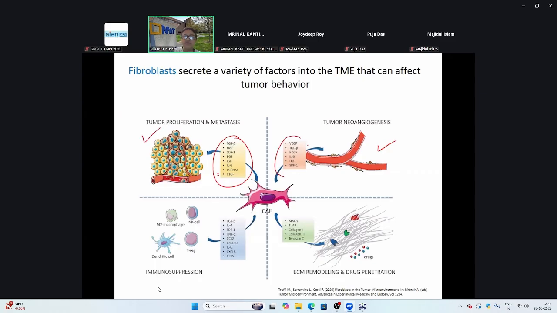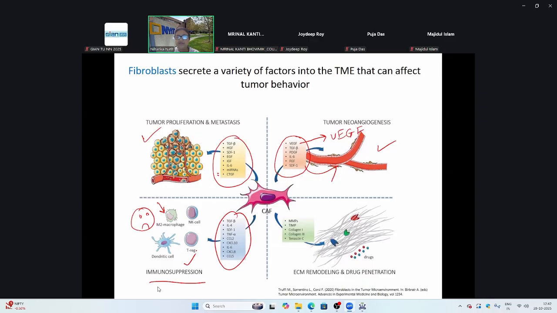A very important one being VEGF, vascular endothelial growth factor, to promote more blood vessels to form. They will secrete all of these substances such that these macrophages just don't do any work as they're supposed to do. They're quiet. So immune suppression.